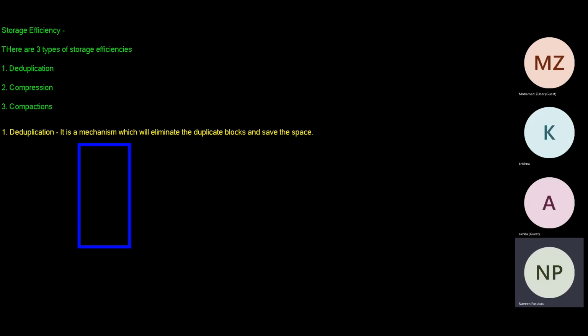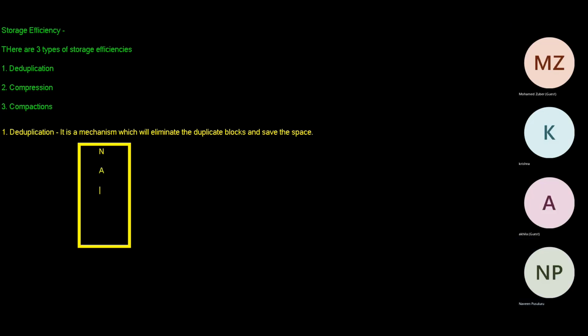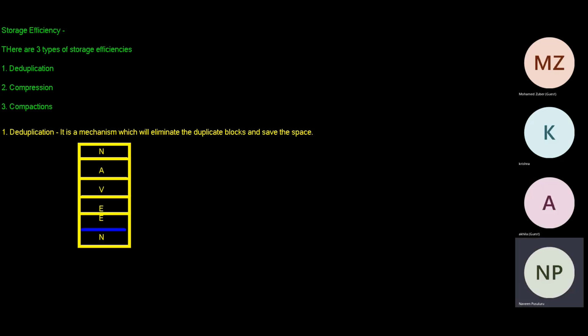Let's assume that this is my volume and this volume has some data like this. Let me take my name only as an example: N A B E E N. Let's assume that this is the data we have in our volume, and each letter is a block.